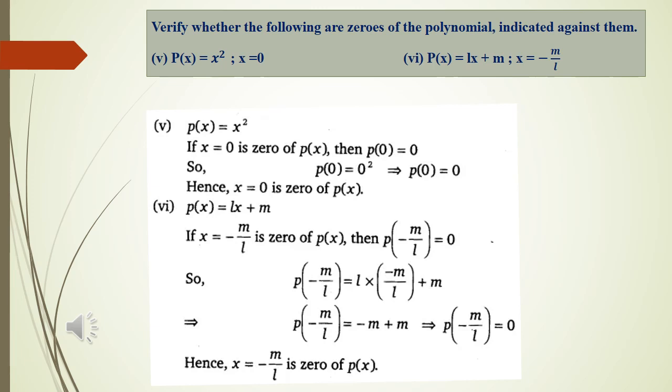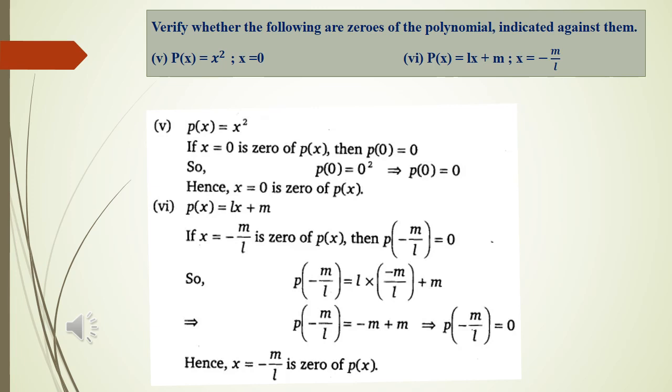Next example, p of x is equal to lx plus m. Here we substitute the value of x is equal to minus m upon l into the given polynomial. So we will have l multiplied by minus m upon l plus m. L and minus m upon l will multiply.